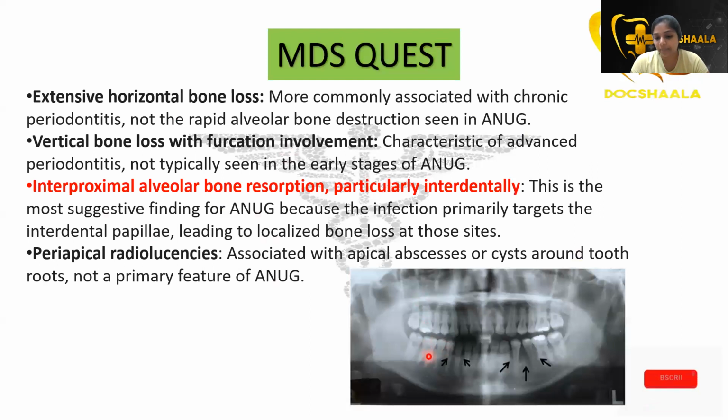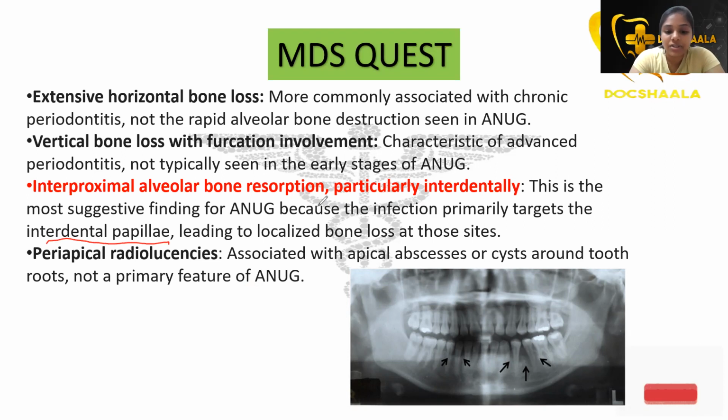So you can see the same in the image. Interproximal bone loss is seen in the OPG here, right? Interdentally. So this is the suggestive finding of ANUG because the infection primarily targets the interdental papilla. So the interproximal alveolar resorption is seen.